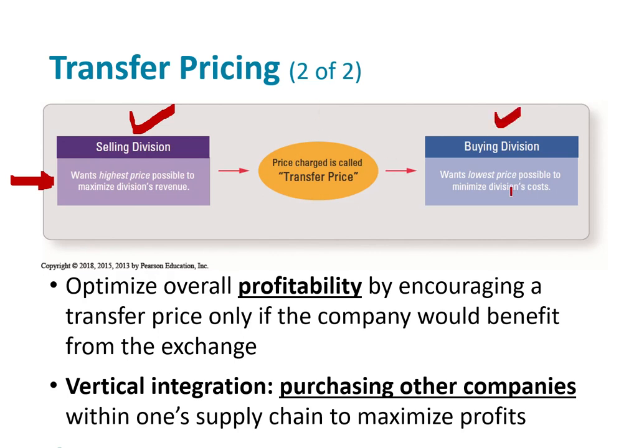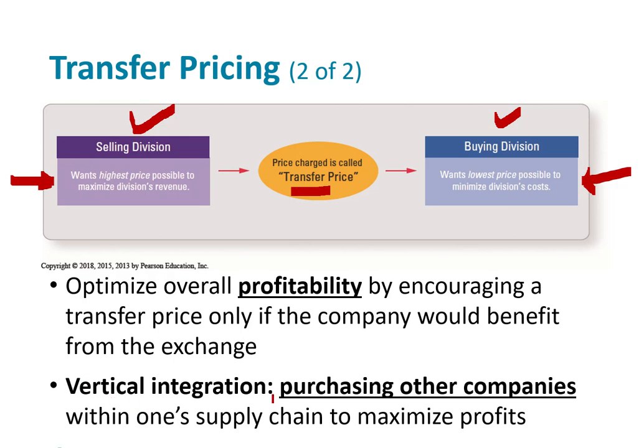And the buying division wants the lowest price possible so they can minimize their costs and have higher income. So this question of what do we charge as a transfer price comes down to optimizing the overall profitability by encouraging the price that'll best fit it.